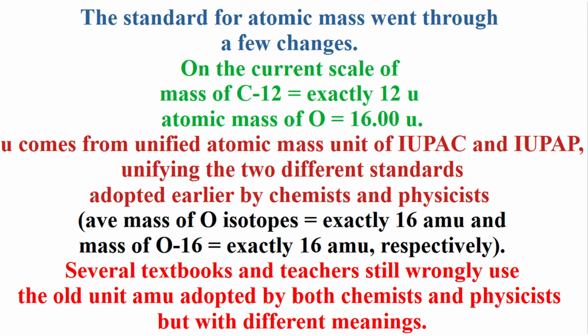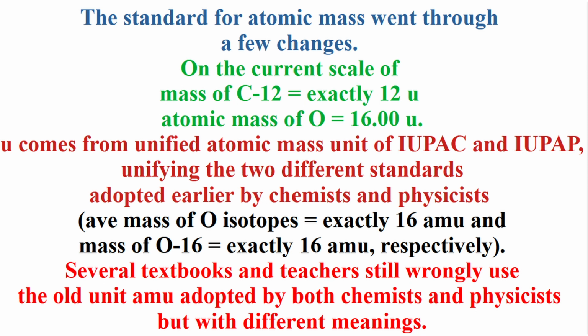The standard for atomic mass was later changed by chemists to exactly 16 AMU for the average mass of the oxygen isotopes and by physicists to exactly 16 AMU for the mass of the O16 isotope. AMU is the acronym for Atomic Mass Unit.